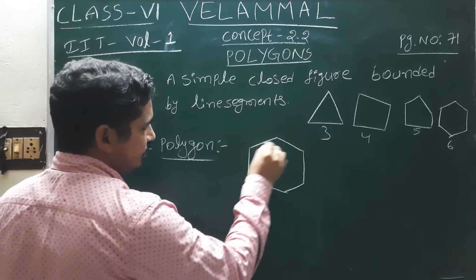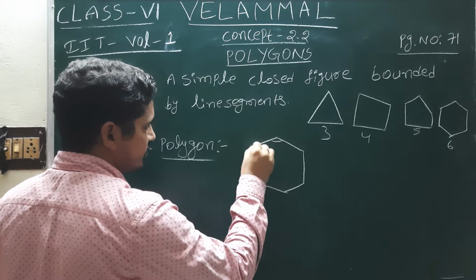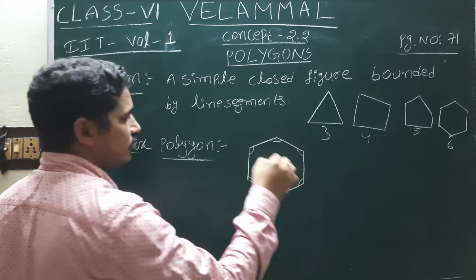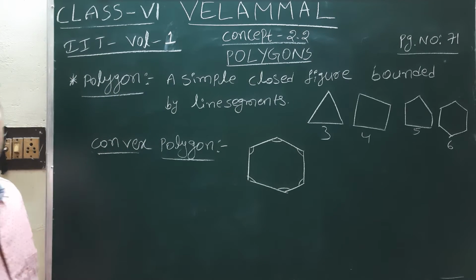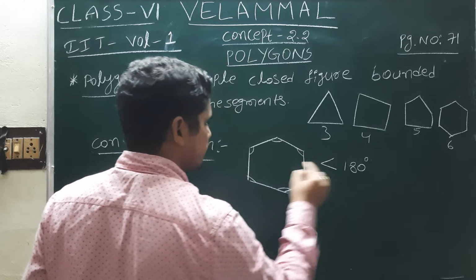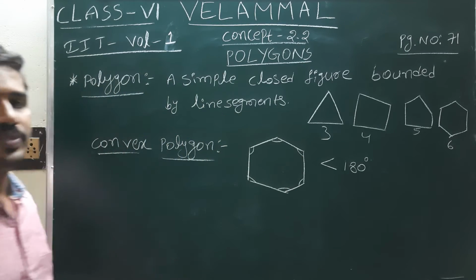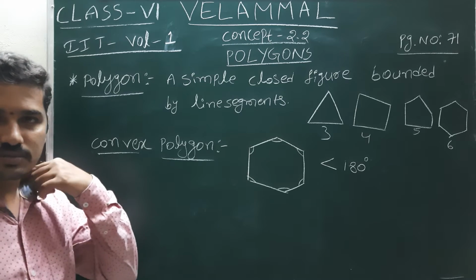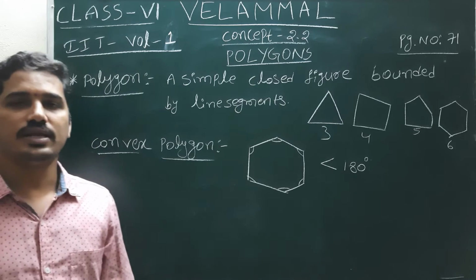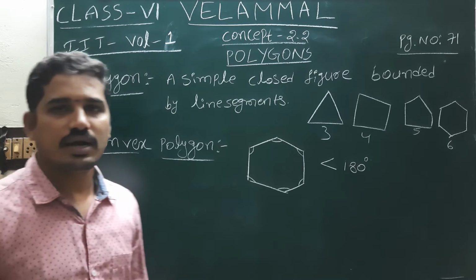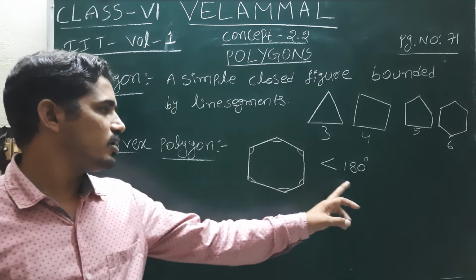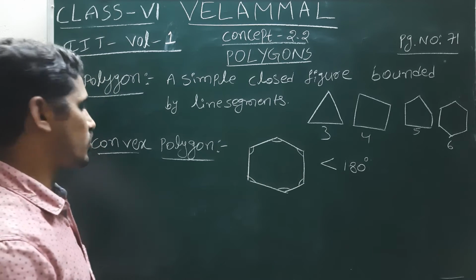If you observe, each and every angle of the polygon will be less than 180 degrees. Whatever it may be, the angle measure must be less than 180 degrees. Those types of polygons are called convex polygons.